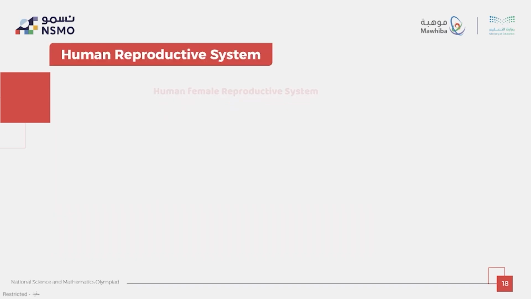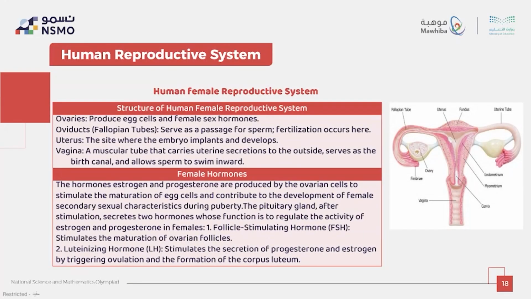We have, on the other hand, the human female reproductive system. And let's start with the ovaries. They produce egg cells and secrete female sex hormones, estrogen and progesterone.